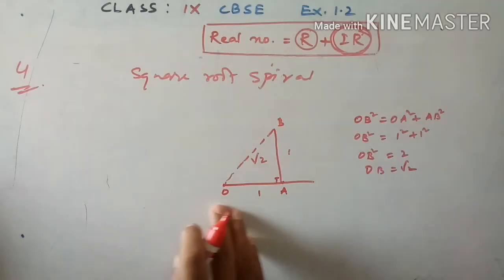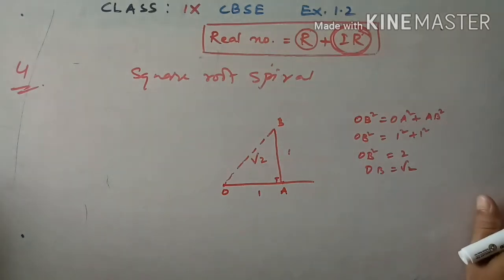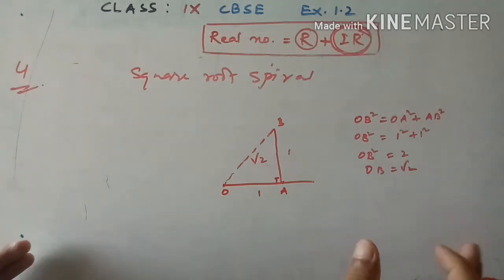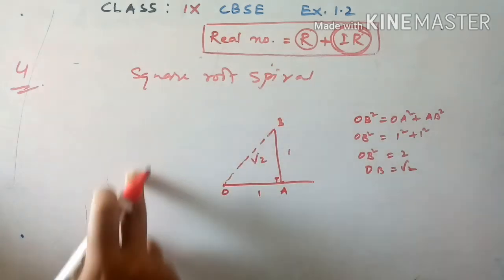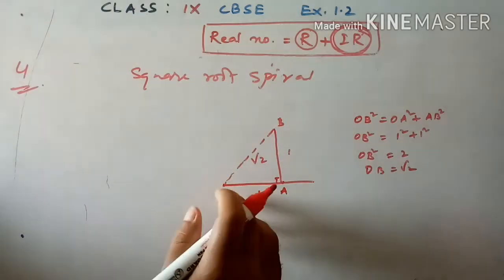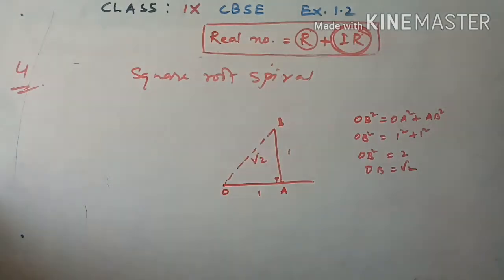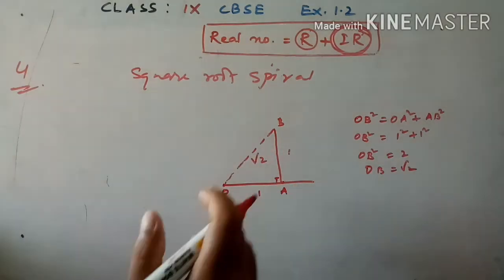And if you want to represent root 5, you can continue on this side, or you can do the spiral also. But if a question asks to represent root 5 on the number line, you cannot draw the spiral shape; you have to show where the point for root 5 will be. But this is activity based, so you have to draw the spiral.